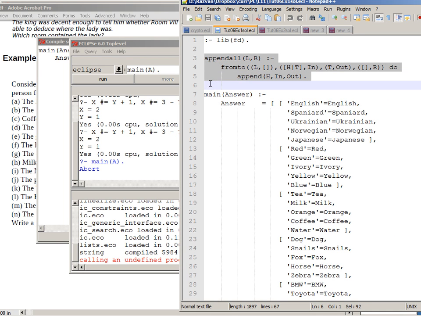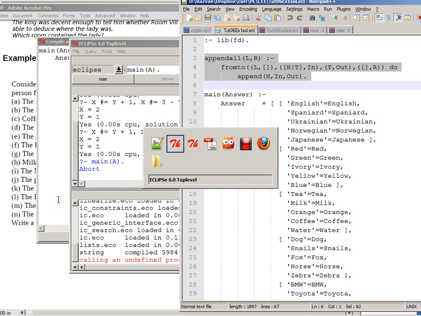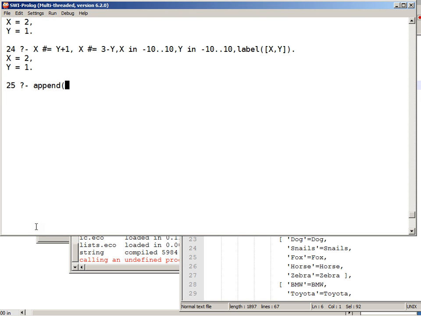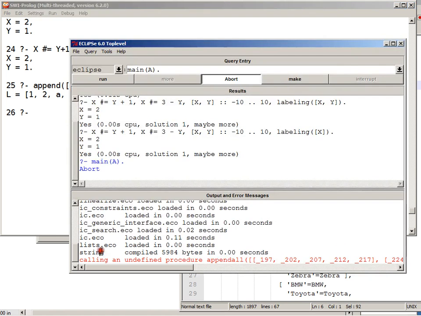In SWI Prolog, we have this procedure that appends a list of lists, flattens the list of lists. So I can say append of 1, 2, and A, B, and L, and we get 1, 2, A, B. This doesn't work in Eclipse, so I had to write my own predicate to do exactly the same thing.